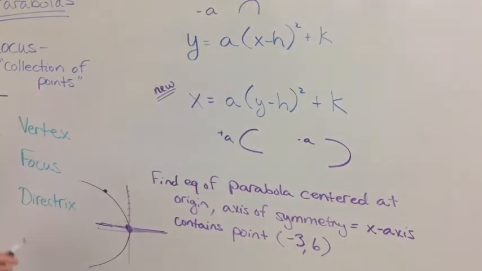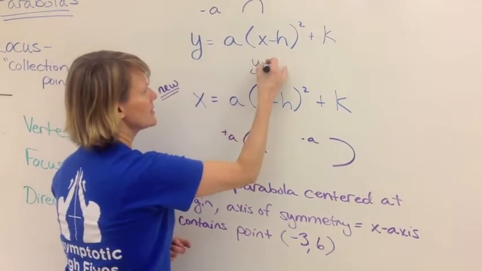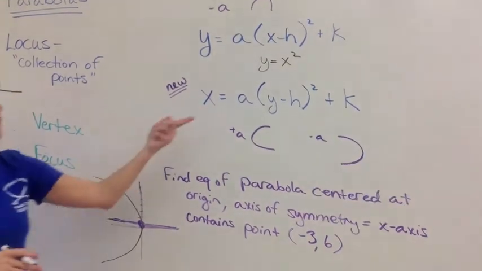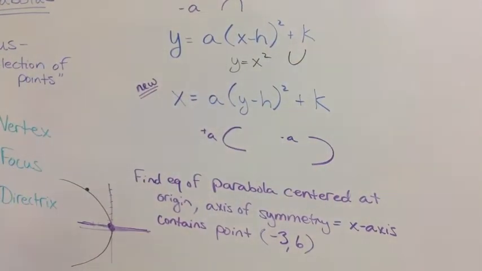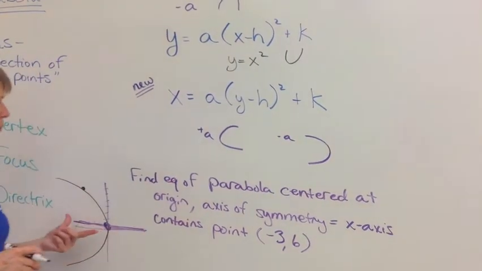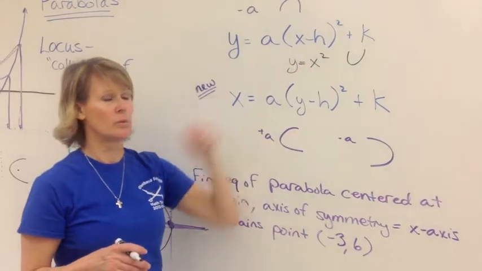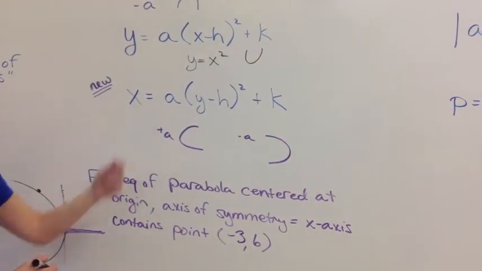It's kind of the opposite of what you'd expect. Y equals x squared is probably a very natural equation for you to graph now. Just remember, if you've got a parabola on its side, the y is squared and the x is by itself. Okay, let's use this equation.